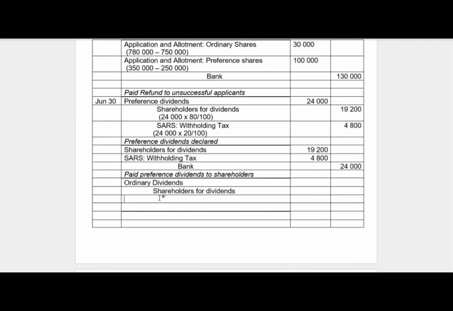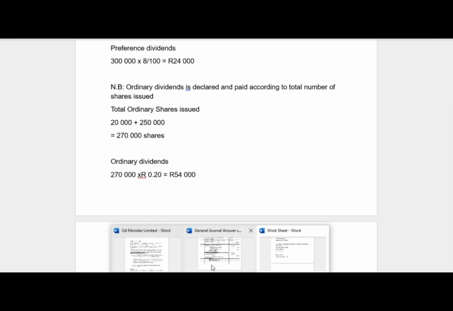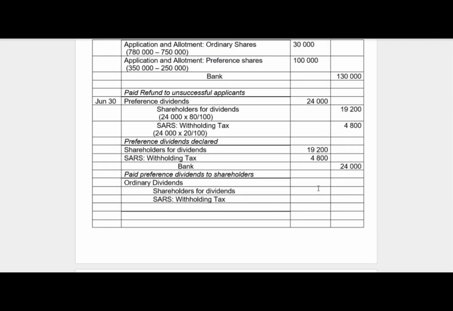And then we're also going to credit SARS withholding tax. All right. And then this 54,000 is going to be our ordinary dividends, which is going to come here. Ordinary dividends, which is going to be 54,000.